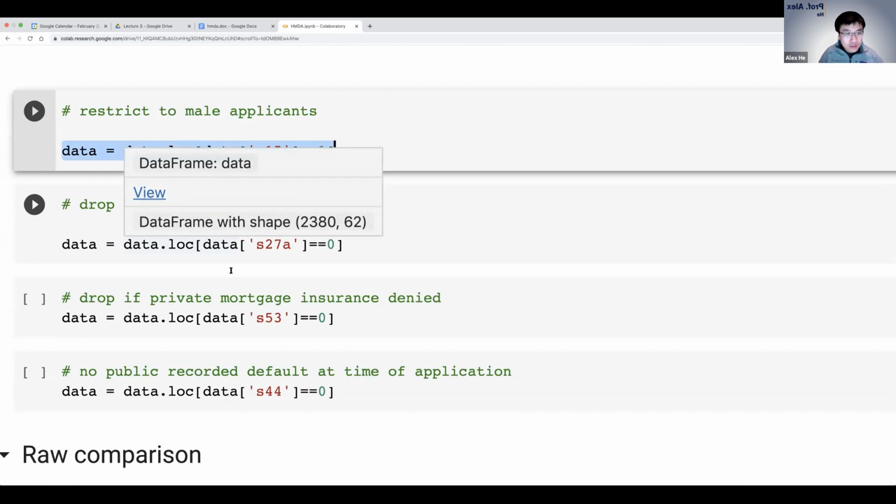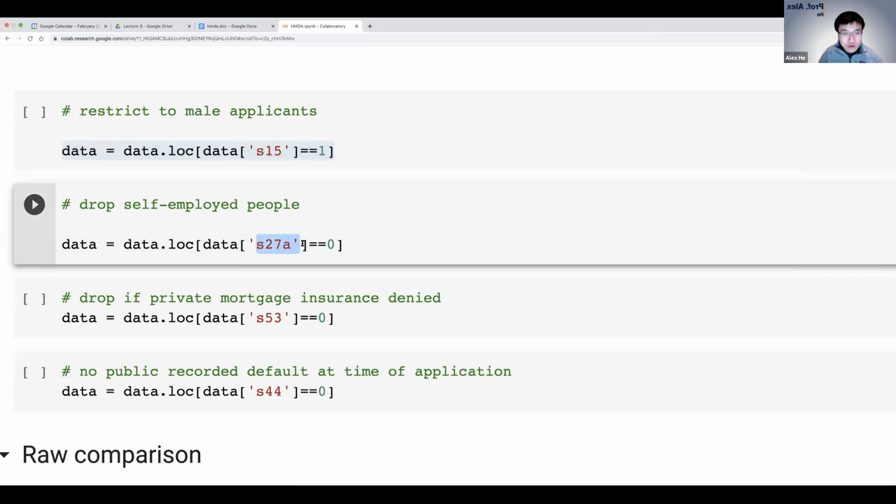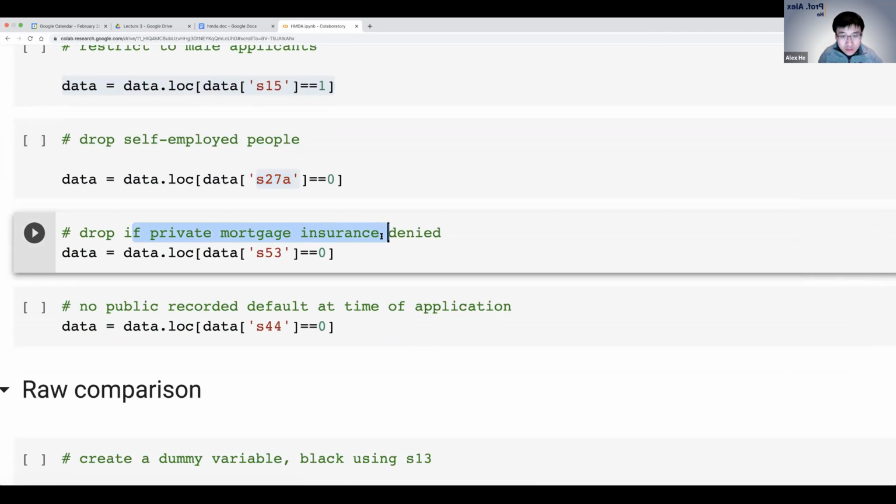And the second one is we drop the self-employed people. It's actually a very small fraction. And then that's the S27A variable. So we want that variable to be equal to 0, so that it's not self-employed. And then the third criteria is that we drop if the private mortgage insurance is denied, because if that's the case, then the mortgage will be denied.